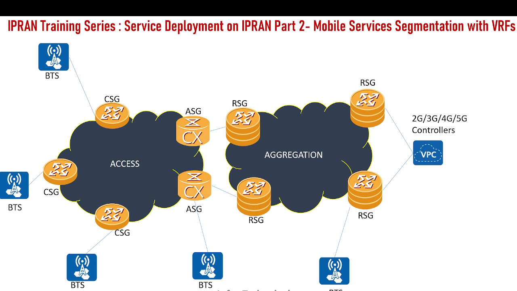So the main objective is to be able to provide different services that our users require. We know that users need to make calls, so they will be using 2G, 3G, or even 4G VoLTE for making calls. They also need to be able to access the internet and browse different applications or access different services that are provided over the internet.